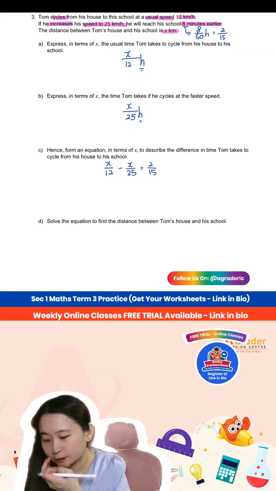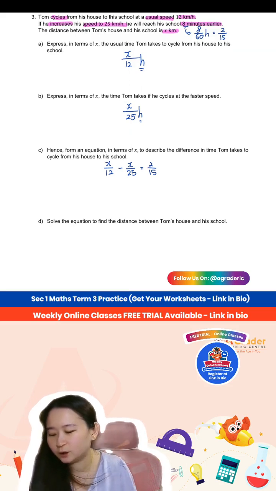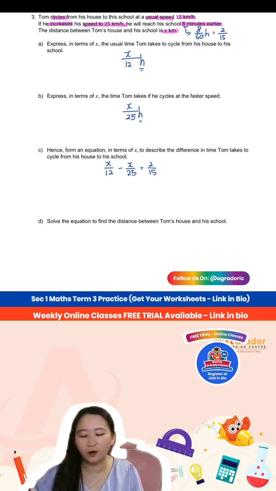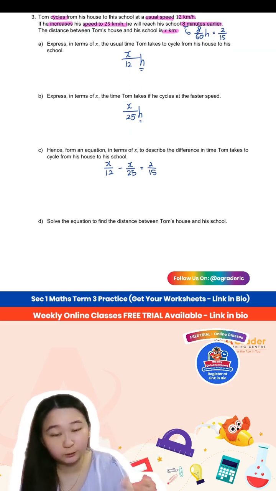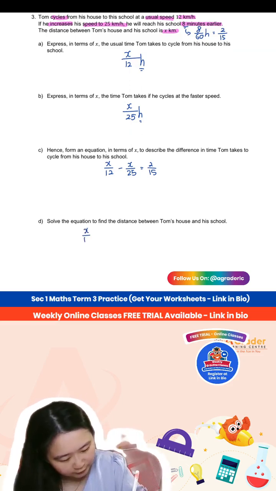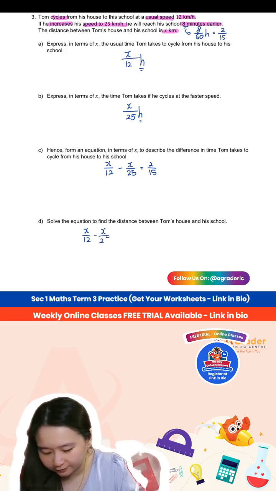Part D, solve the equation to find the distance between Tom's house and his school. So we need to find the value of x. So we just need to solve the equation we have formed in part C. So x over 12 minus x over 25 equals 2 over 15.